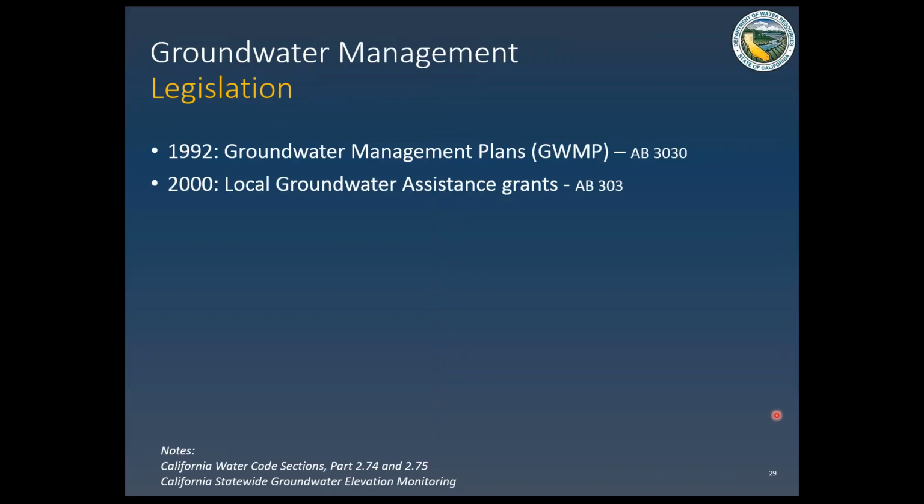Many plans were adopted throughout the state under these programs, and in 2000, AB 303 provided a lot of financial assistance to many of these agencies to either finish implementing or to work on various projects that they needed to work on for recharge and things of that nature.